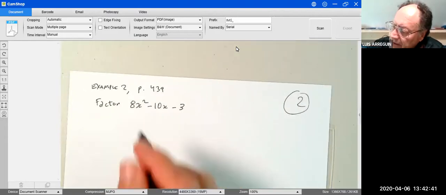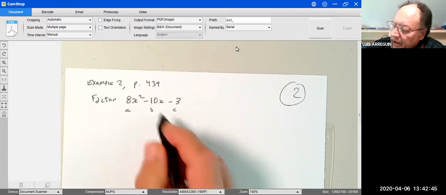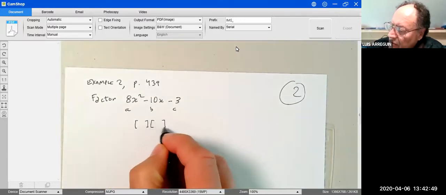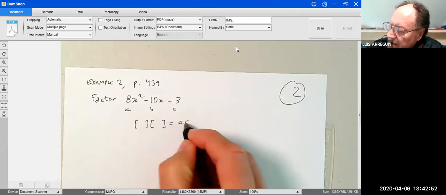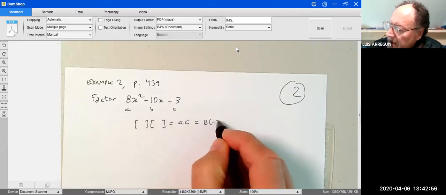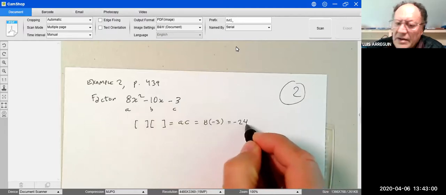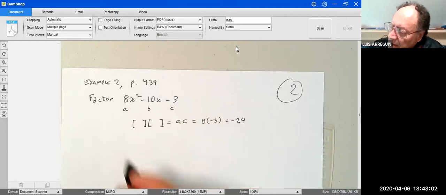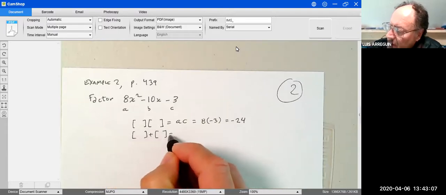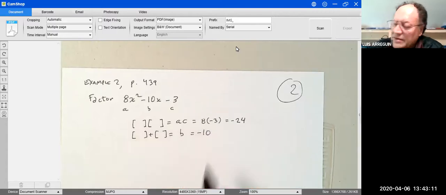Again, this is a, b, c. This is my trinomial. I need two numbers that when I multiply them I get AC. In this case it's a times negative 3, so this is going to be negative 24. Also, those two numbers, if I add them up, I'm going to get the middle term, in this case negative 10.